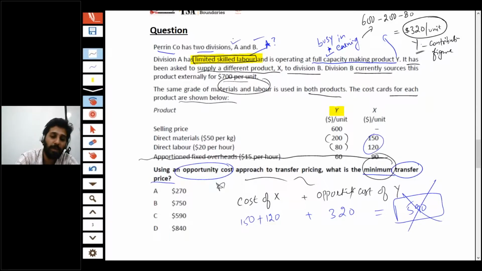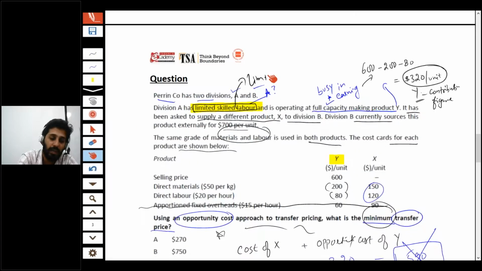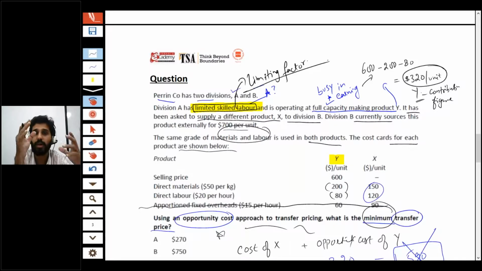That means it's a limiting factor, right? And whenever there is a limiting factor, you must calculate the contribution per limiting factor, which in this case is the labor hour, the limited skilled labor capacity.